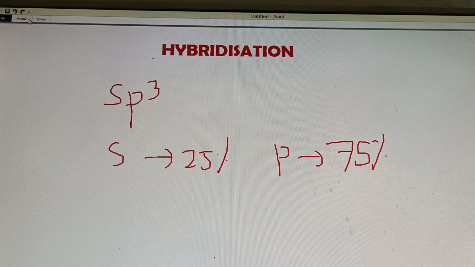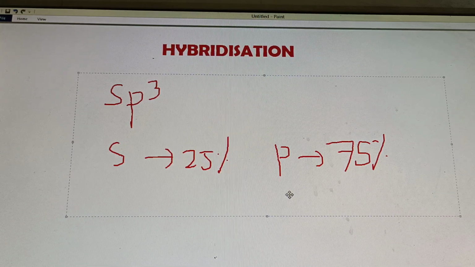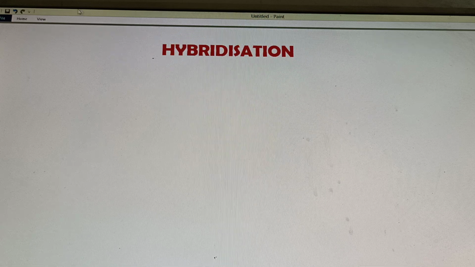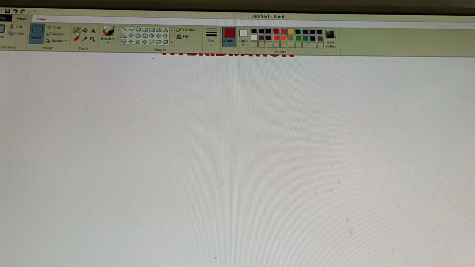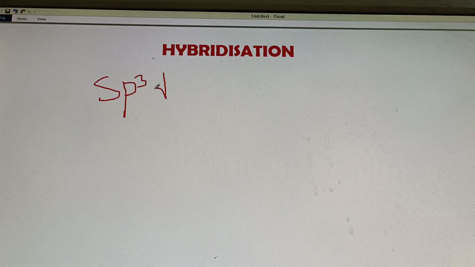Next we shall discuss sp3d hybridization. Those elements having d orbitals may participate in this hybridization.